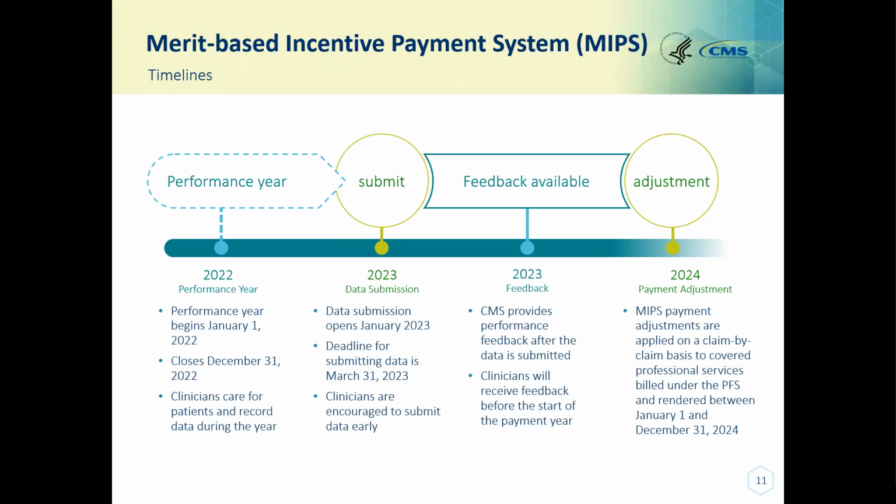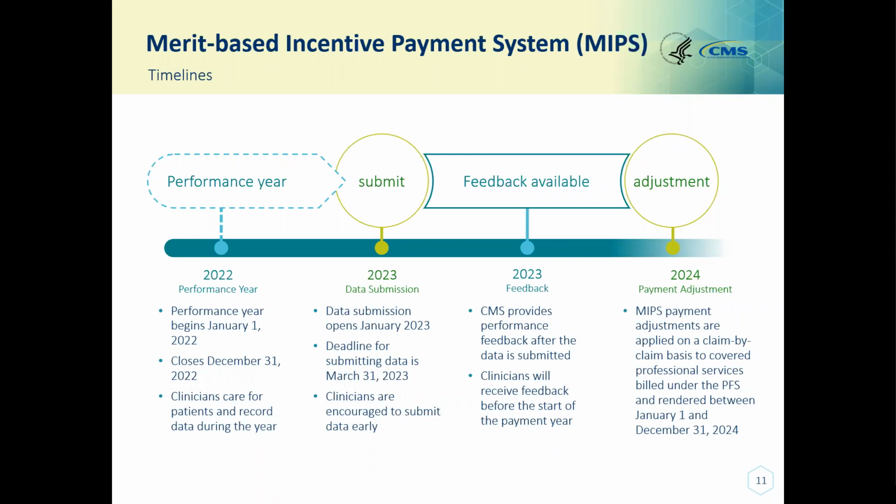Clinicians will be able to see all of the data that we've processed and that they've collected and submitted to CMS, and how that corresponds to a final score as well as a payment adjustment. That payment adjustment wouldn't take effect until 2024. The MIPS payment adjustments are applied on a claim-by-claim basis to cover professional services billed under the physician fee schedule, or PFS.